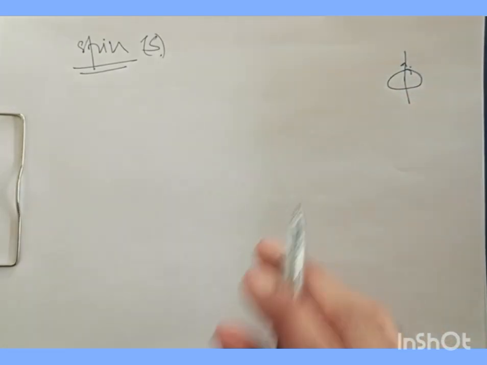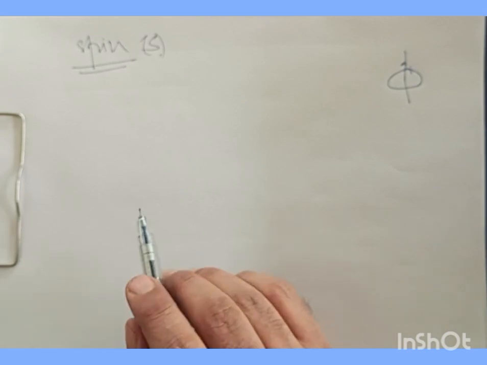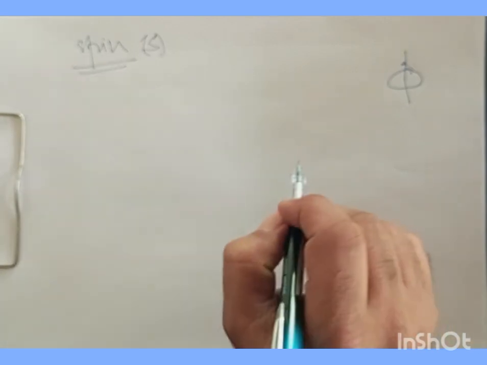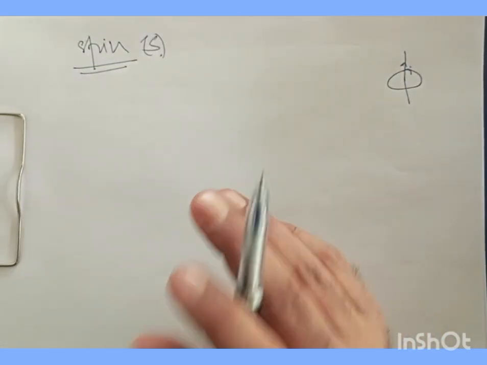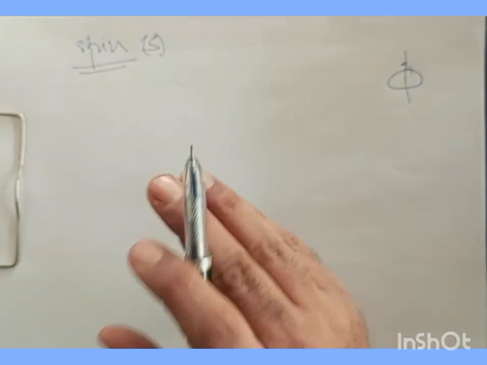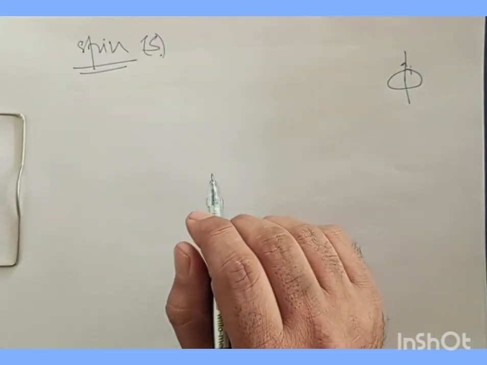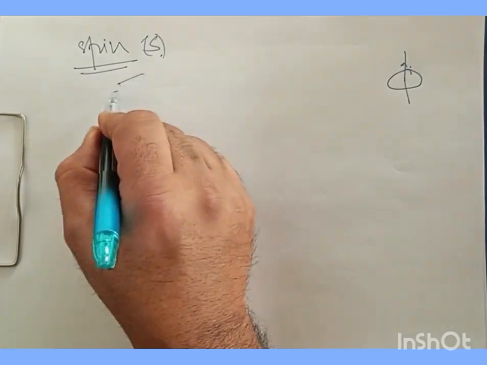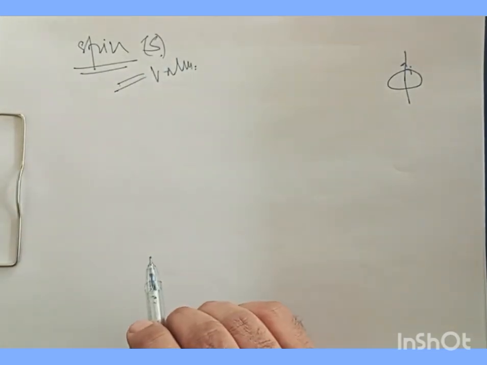Spin is the property which distinguishes one elementary particle from others. In other words, elementary particles are classified into two categories depending on the value of the spin they possess.